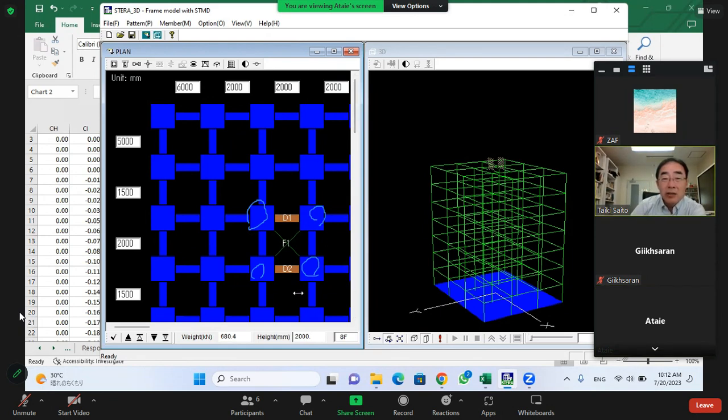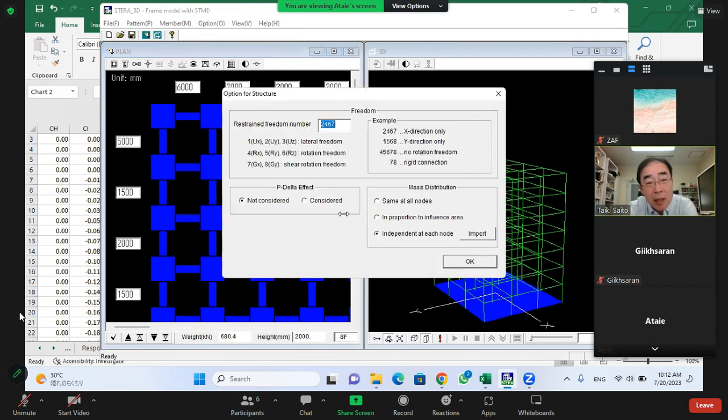Okay. Could you go to option structure again? And maybe you consider only horizontal components, so you can put 2, 3, 4, 5, 6, 7, 8, except one.